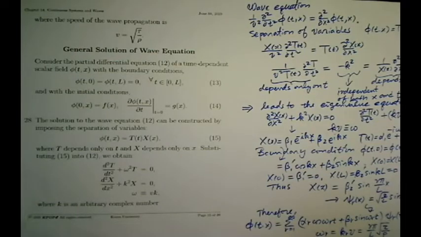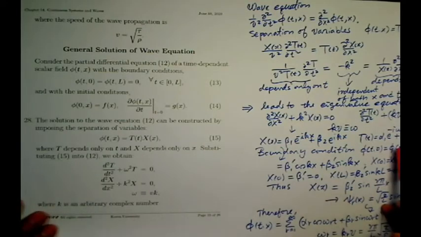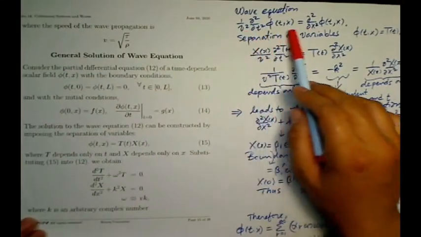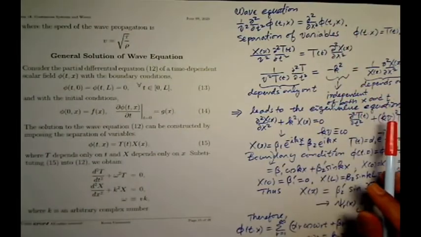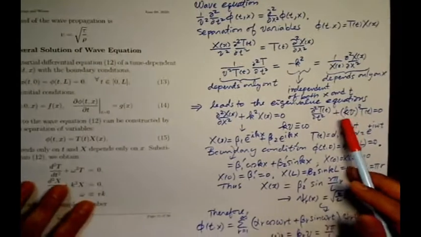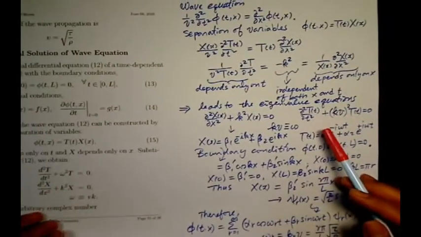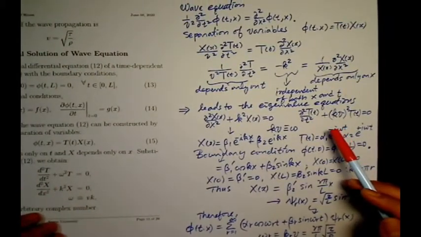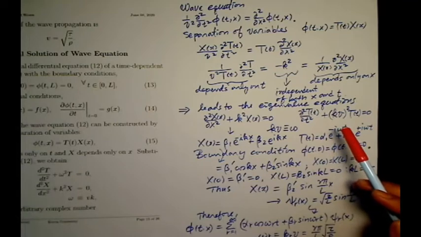Okay, let us consider the general solution of a wave equation. This is the wave equation we have derived, and we solve the equation by making use of the separation of variables.